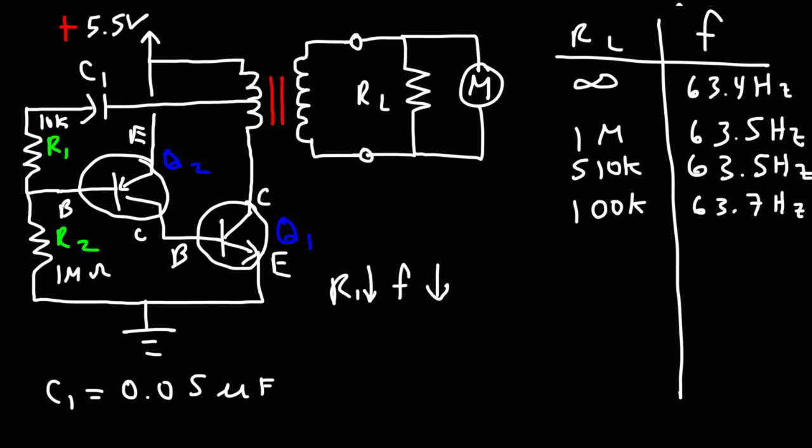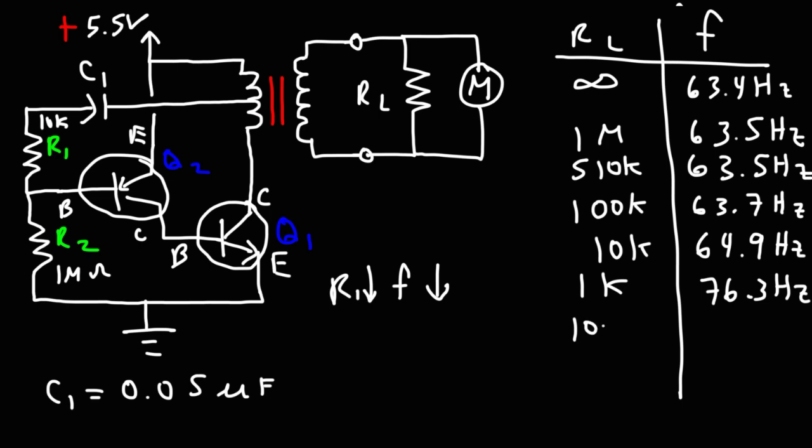But it's going to change soon. When I decrease it to 10 kilo ohms, the frequency shifted slightly to 64.9 hertz. Using 1 kilo ohm, it went up to 76.3 hertz. And using 100 ohms, it changed significantly to 137 hertz.